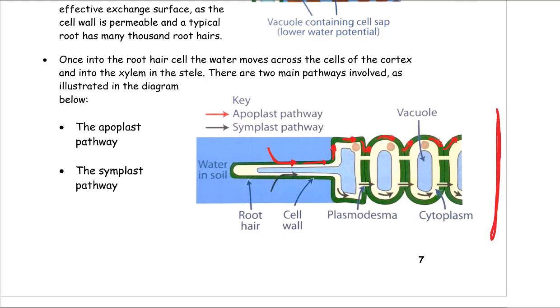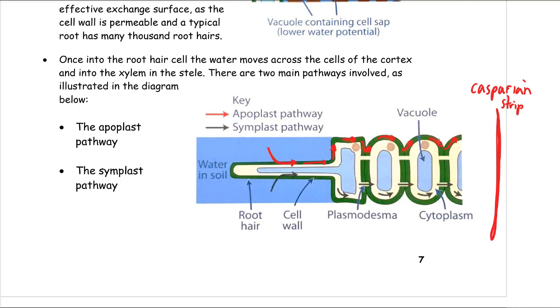This blockade is known as the Casparian strip. So the apoplast pathway will run the whole way through the epidermis, through the cortex, but once it reaches the endodermis, where the Casparian strip is found, it has to stop.